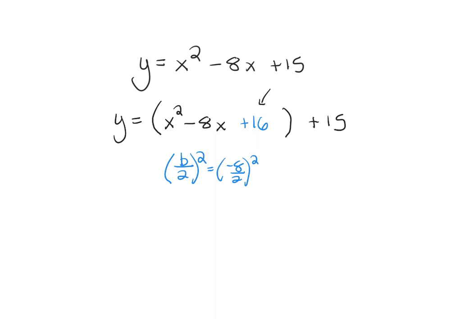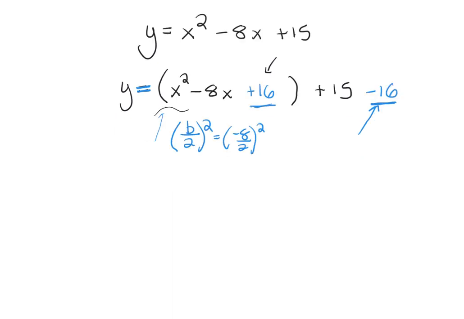When you were completing the square, you were doing things on opposite sides of the equal sign. Now we're going to add the 16 here, and then do the opposite and subtract 16, because I'm on the same side of the equal sign. Adding 16 and subtracting 16 doesn't change anything because plus 16 and minus 16 is 0.